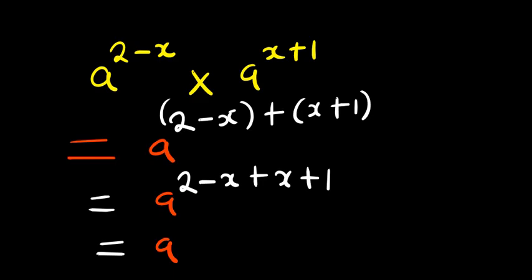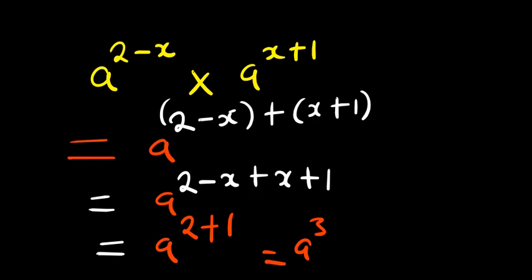So I've got minus x and plus x. So what does that give me? It's giving me 0. So I'm going to have a 2, then I'm going to have a 1, plus 1. So basically I'm just going to have a to the power 3. So that's what you're going to have.